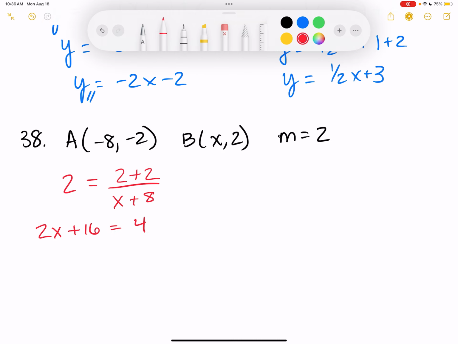Subtract 16, so 2x = -12, and so x = -6. And so that would be your x value. That would give you a slope of 2. Any questions about any of this stuff?